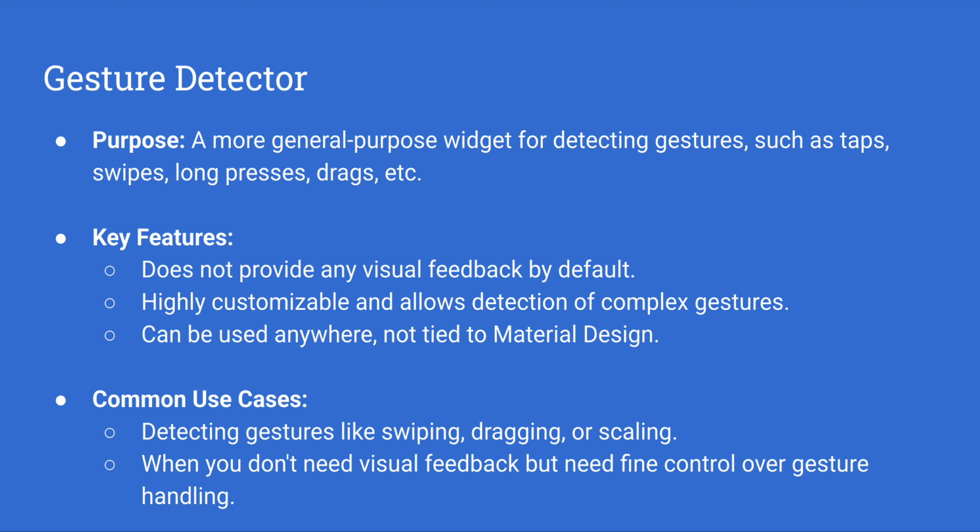Okay, that is the difference between InkWell and GestureDetector. The common use case is detecting gestures like swiping, dragging, or scaling when you don't need visual feedback but need fine control over gesture handling.